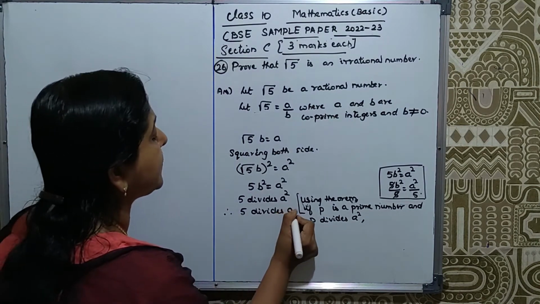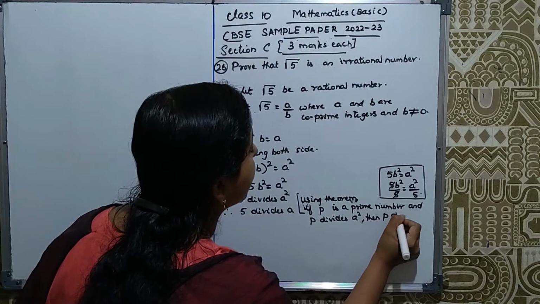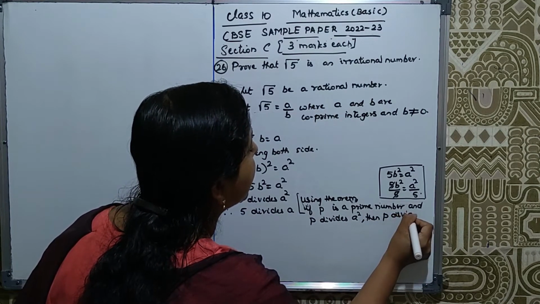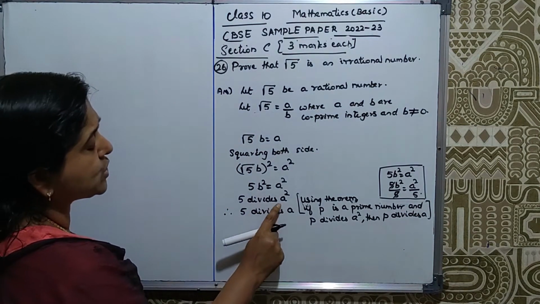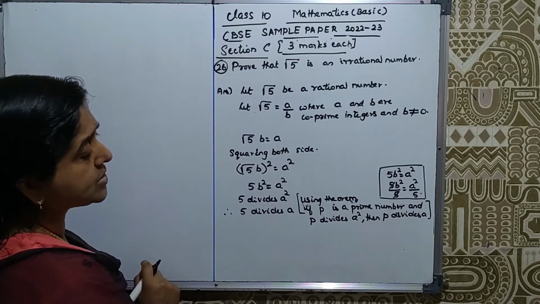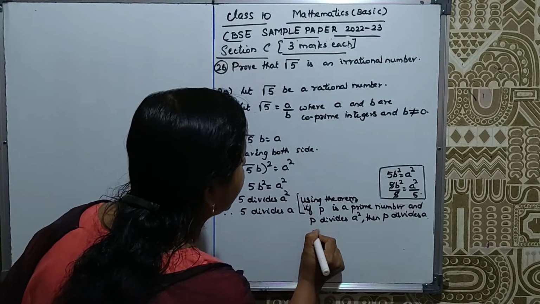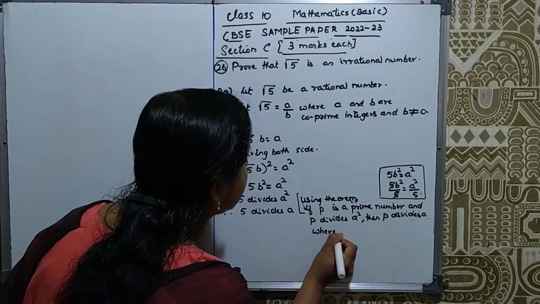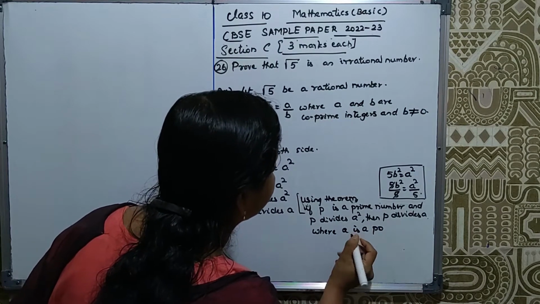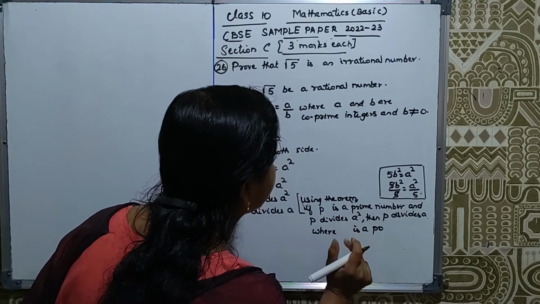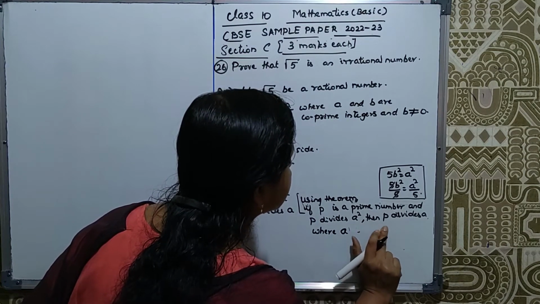Instead of p here it is 5. So if 5 divides a squared, then 5 divides a also, where a is a positive integer.